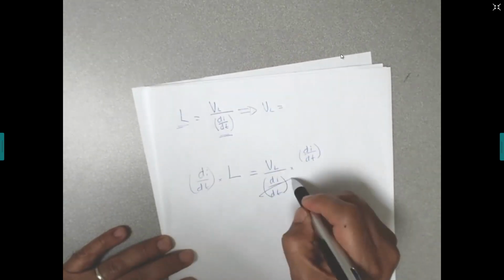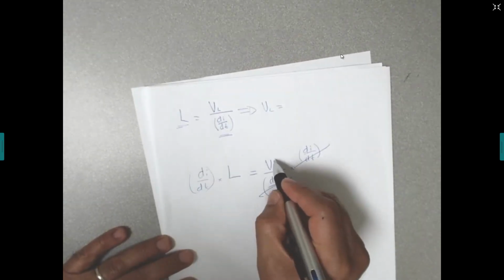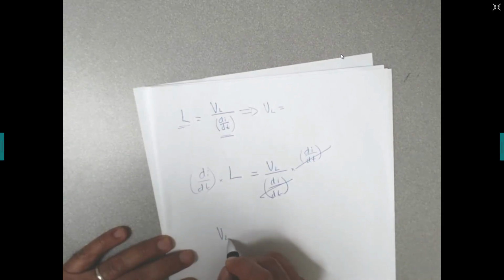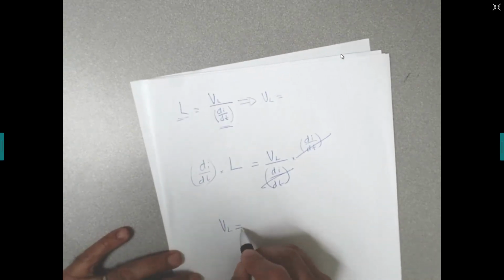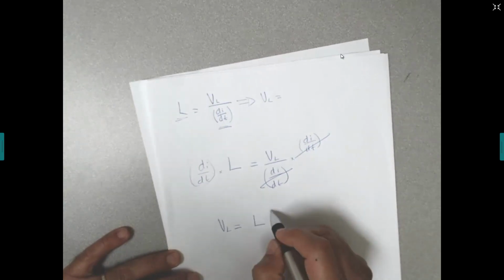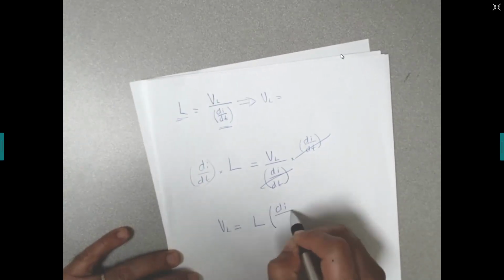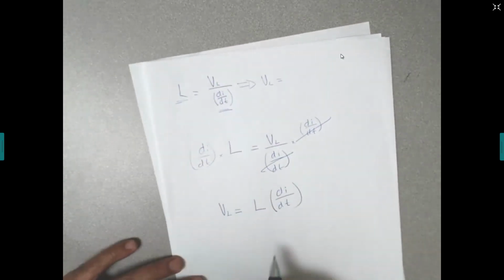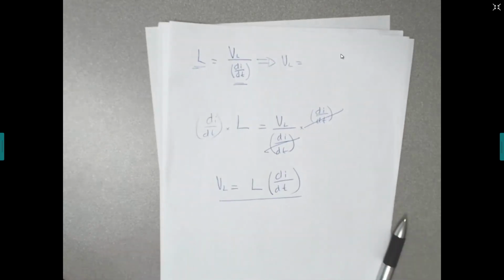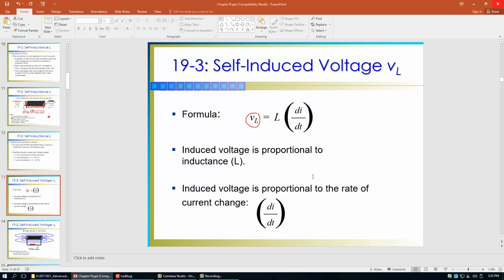This one and that one cancel, and now that leaves you voltage by itself, so you can say that the voltage induced equals the inductance times the rate of change of the current with respect to time. Okay? And that's where the formula comes from. This formula, okay?